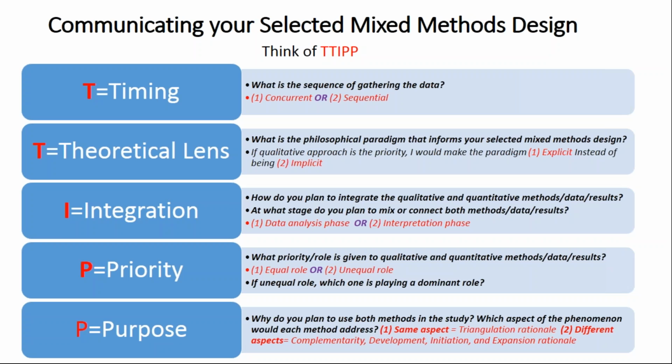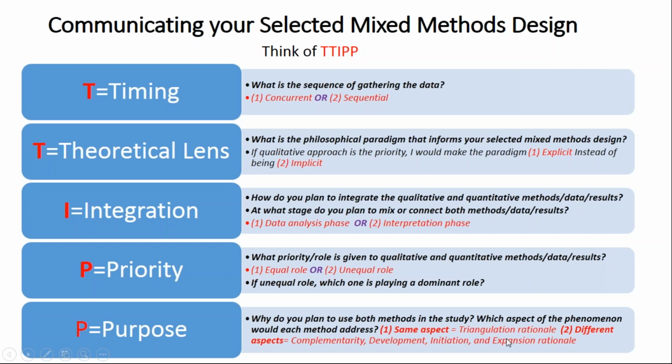Every methodology has strengths and weaknesses. So there's a need for you to collect both data to help offset the weaknesses of the other approach, right? So this is the stage where you're going to give a rationale. Why do you think you should combine both data or both approaches in a study, right?